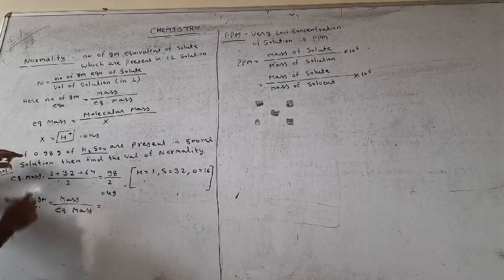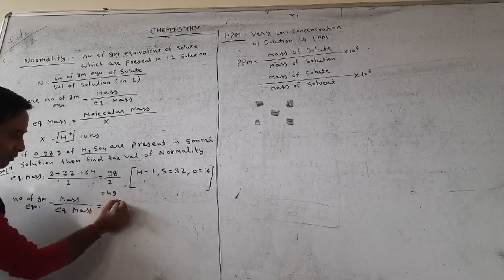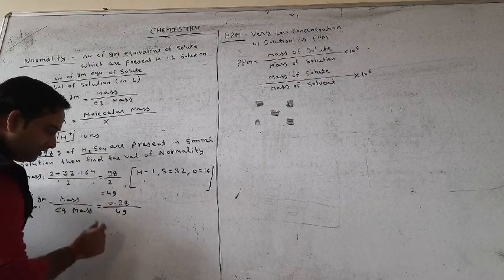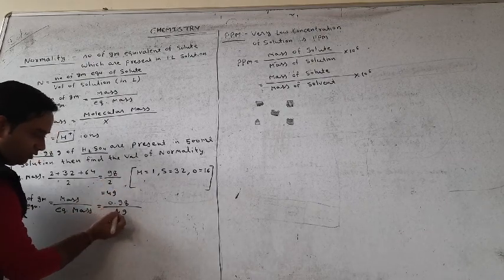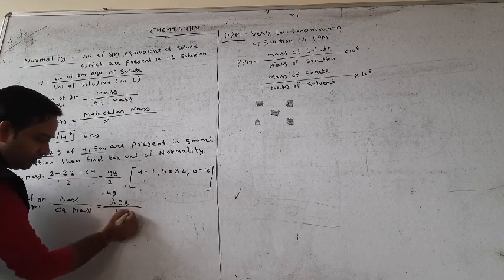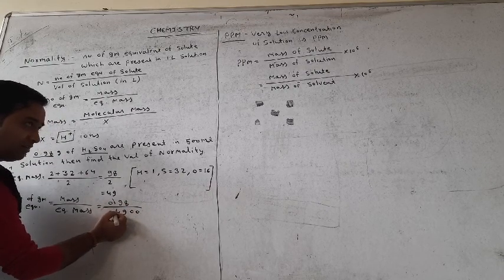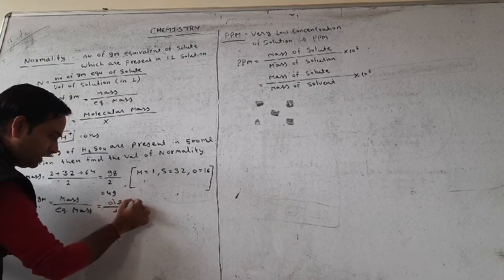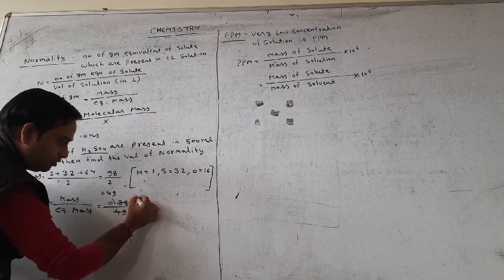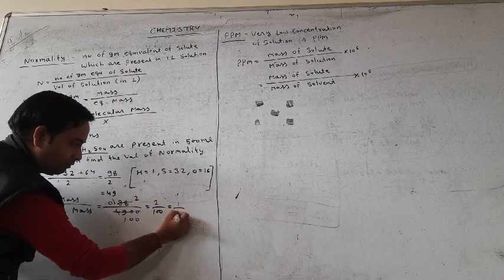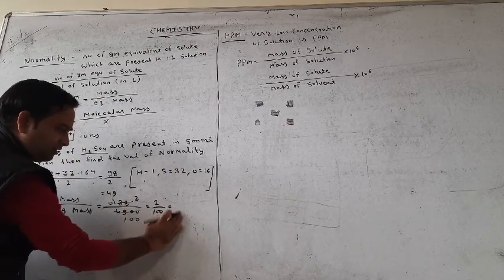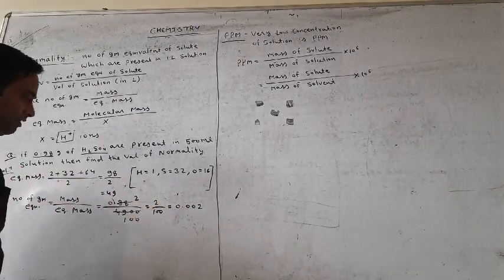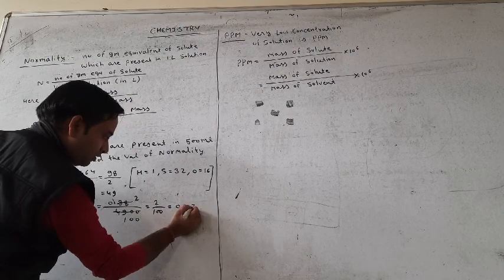The mass is given in the question, 0.98, upon the calculated equivalent mass, 49. Cancelling, 0.98 upon 49 gives 0.02.